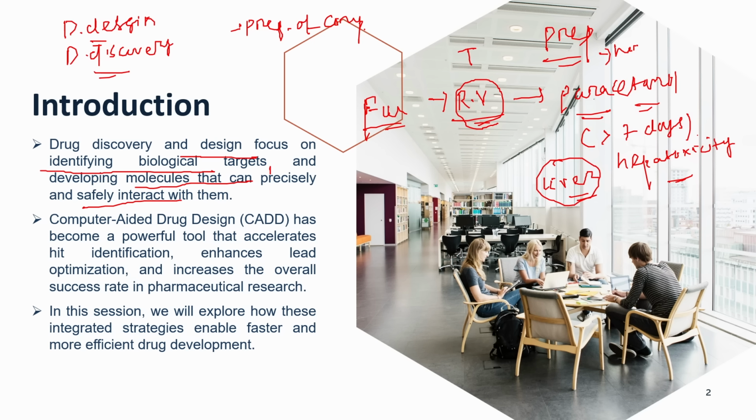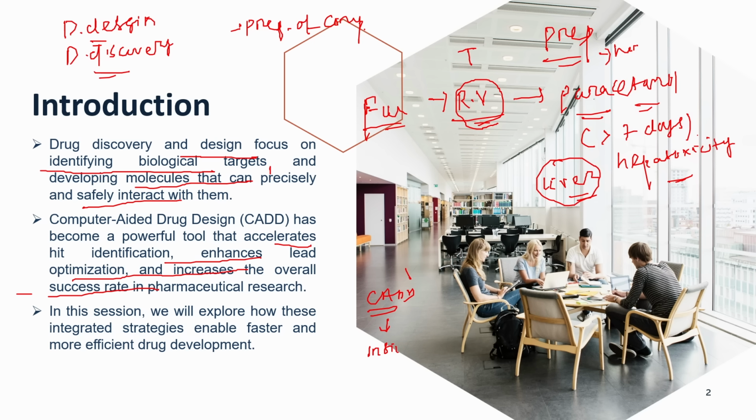So this is the introduction to drug discovery and drug design. First we discover a moiety, then we prepare or design the compound. Next point: computer-aided drug design has become a powerful tool that accelerates identification, enhances lead optimization, and increases the overall success rate in pharmaceutical research. What it means is that we cannot go for the synthesis of each and every moiety. We perform in silico studies, which we will study later. What is an in silico study?